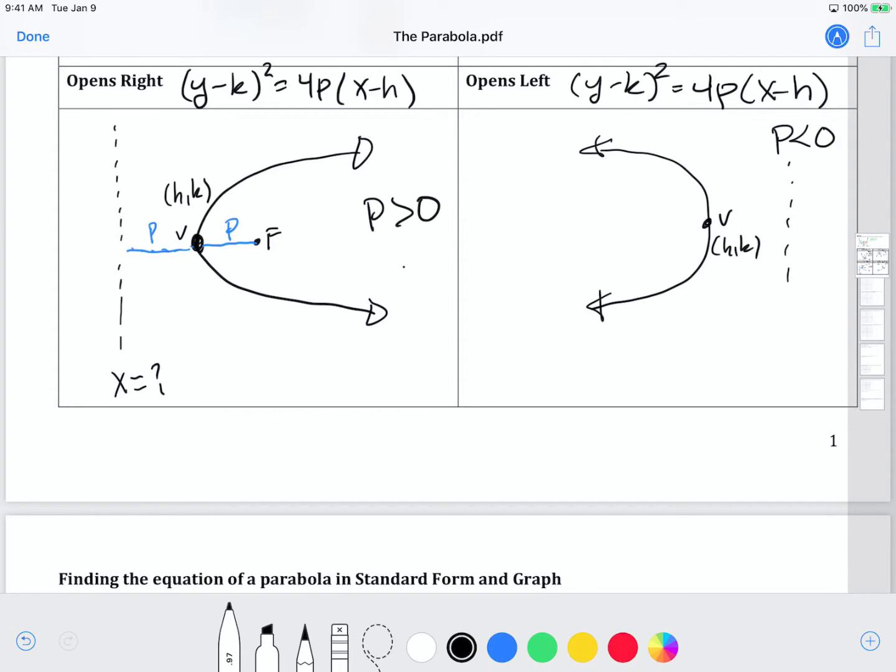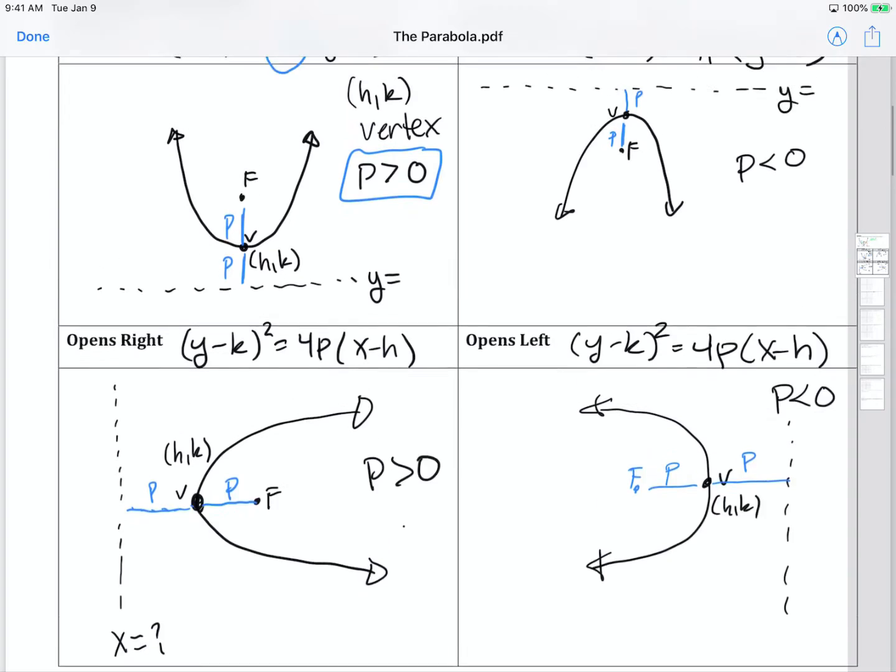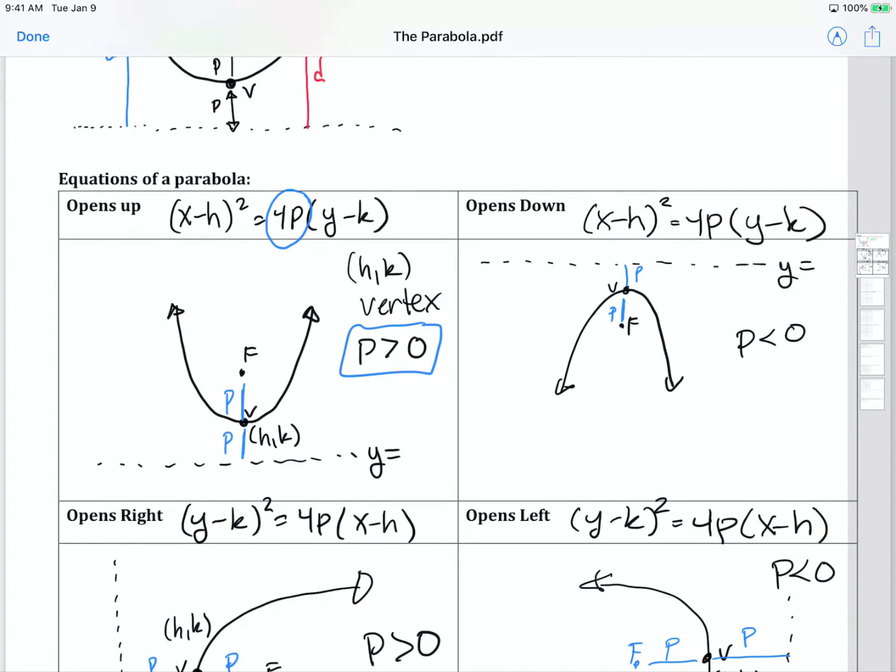Your directrix will still be a distance of p from the vertex on the outside, and your focus will still be a distance of p on the inside of the parabola. Notice when the parabola opens right or left, it's your y value that's squared, and when it opens up or down, it's your x value that's squared.